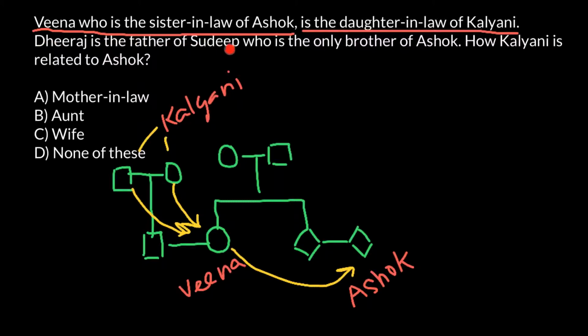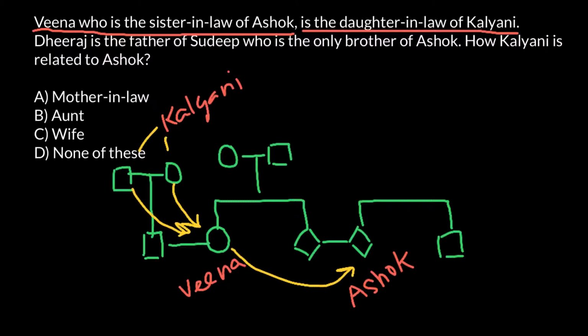So Dhiraj is the father of Sudip, who is the only brother of Ashok. So Ashok has a brother. The gender of Ashok is not specified, but we know that Ashok has a brother, only brother, and the brother's name is Sudip.